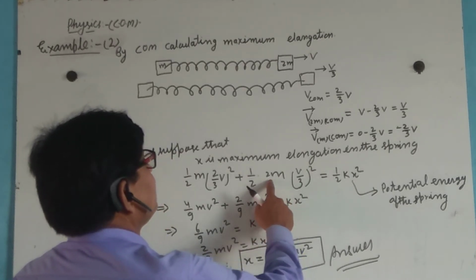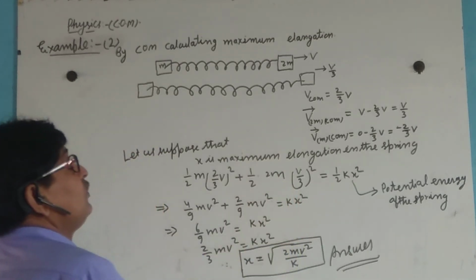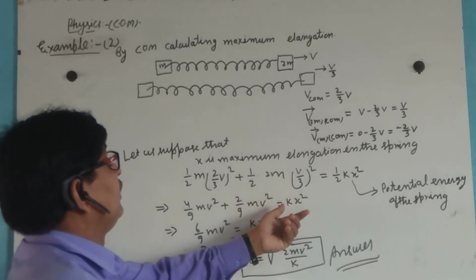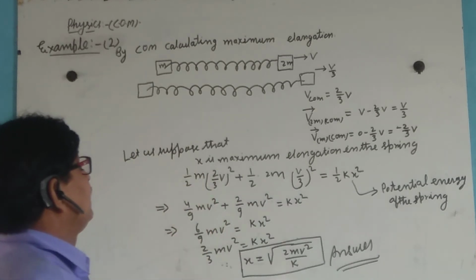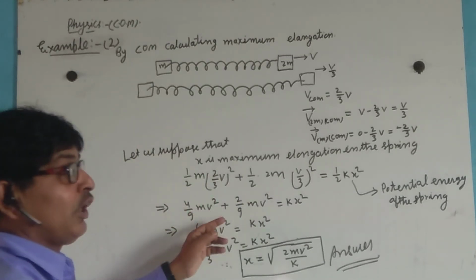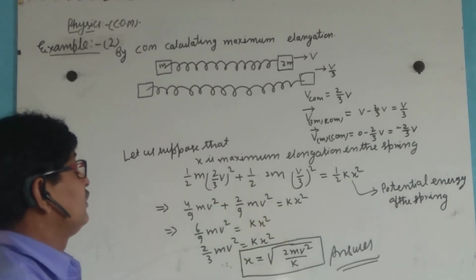And the other term is 2 m v square by 9, equal to k x square, half and half cancel. So adding 4 by 9 m v square plus 2 by 9 m v square gives 6 by 9 m v square equals k x square.